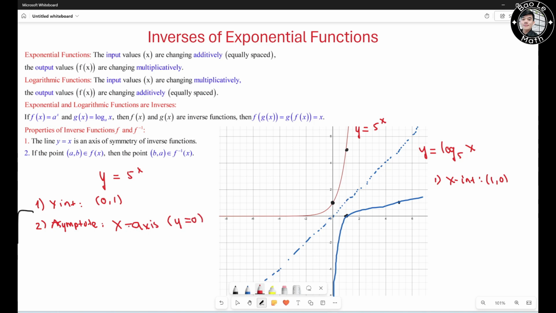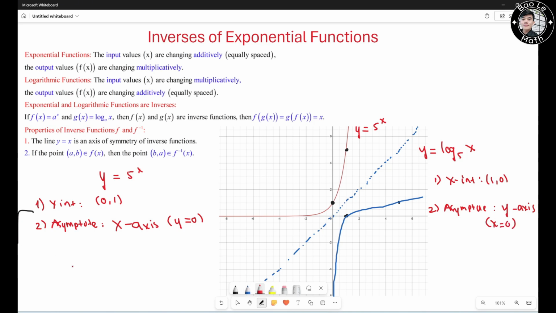So you need to know these terminologies, just in case you see this on the exam. You should be able to identify the correct answers. The asymptote of this guy is the y-axis, which means s equals 0.